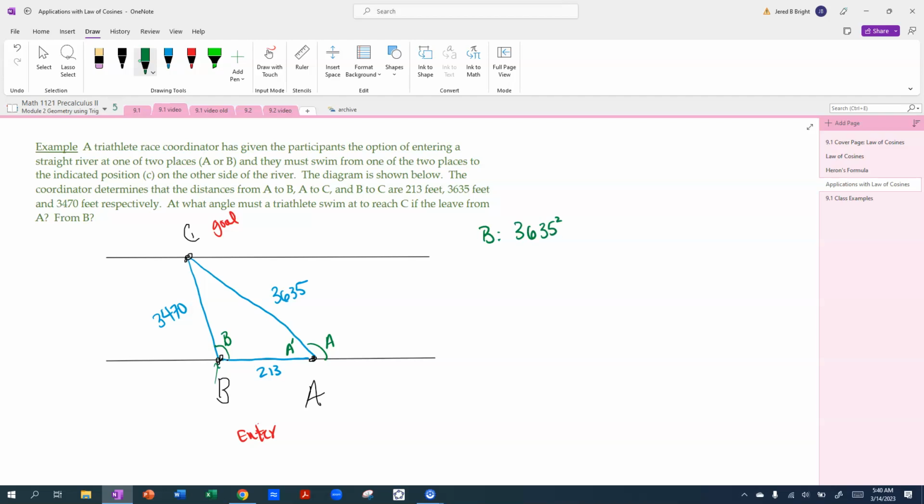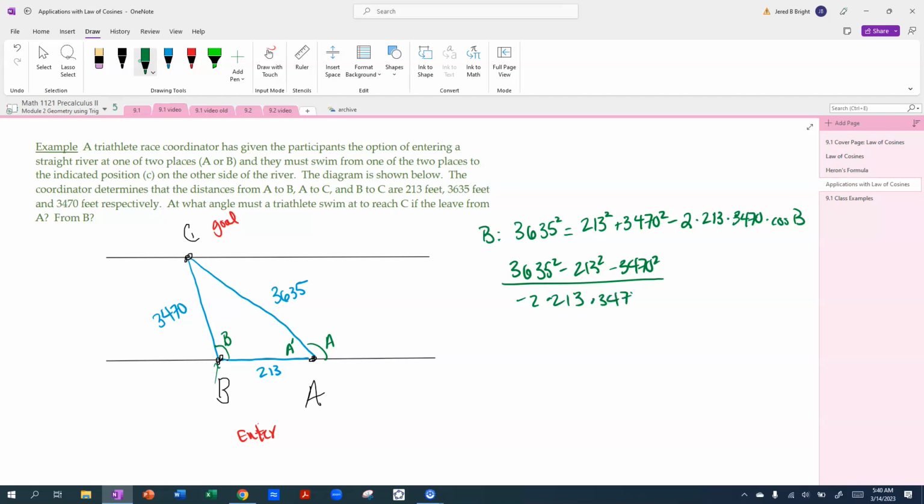So 3635 squared is equal to the other sides squared, 213 squared plus 3470 squared, minus 2 times 213 times 3470 times cosine of B. Then 3635 squared minus 213 squared minus 3470 squared, all over negative 2 times 213 times 3470, is equal to cosine of B. Then put cosine inverse on there, and we should have our answer.